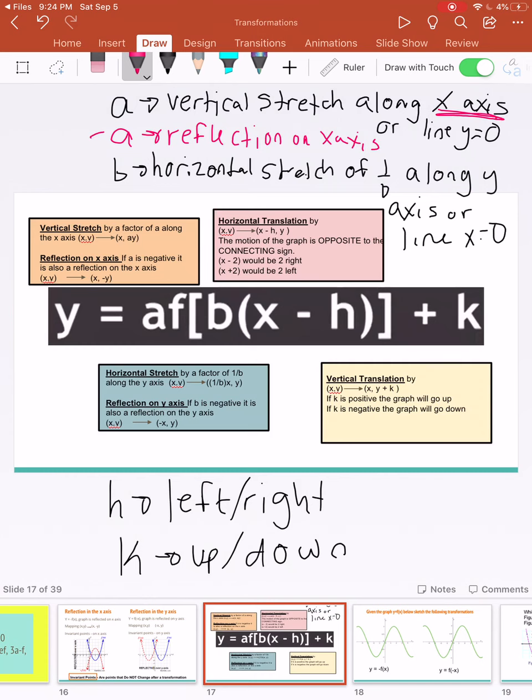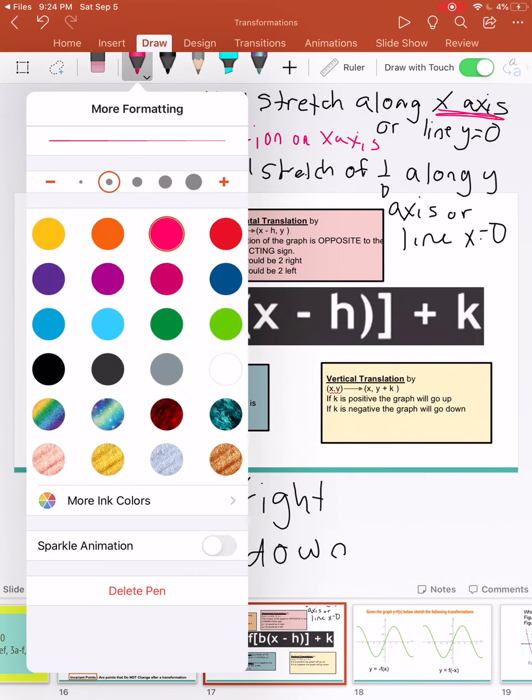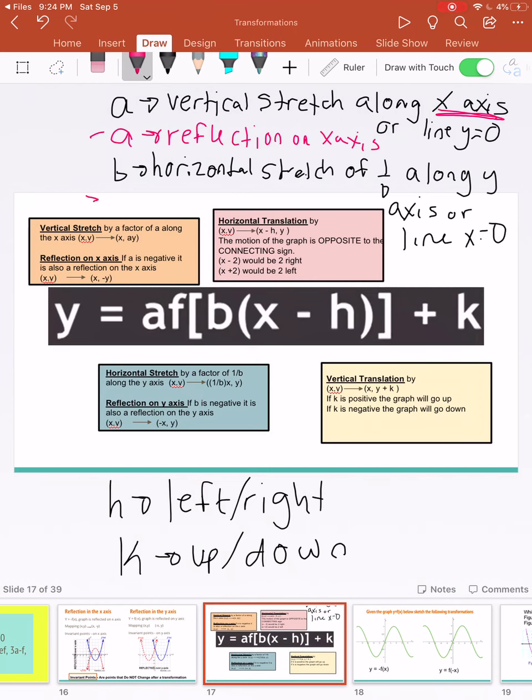So if our a value is, say, -5, it means I'm vertically stretching that graph by 5 along the x-axis, but it also means I'm reflecting that graph along the x-axis. Likewise, if we had a negative b, it would mean a reflection on the y-axis. And again, instead of y-axis, sometimes they'll say the line x equals 0, and you just need to realize those are the same things.